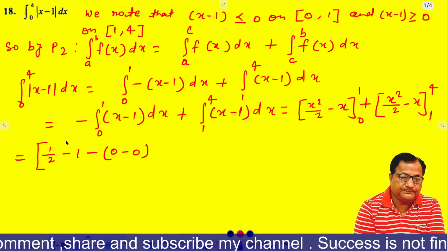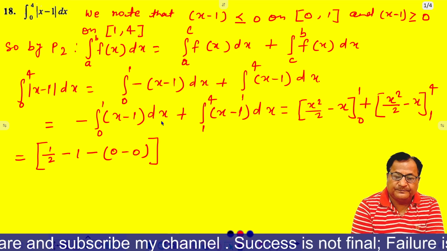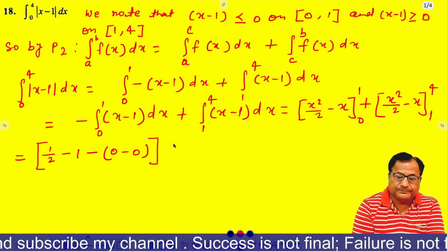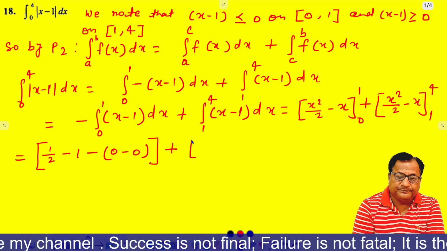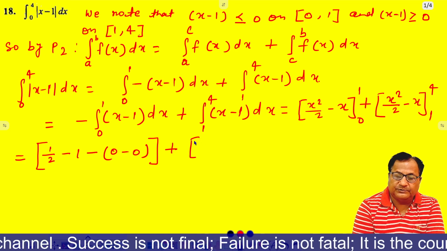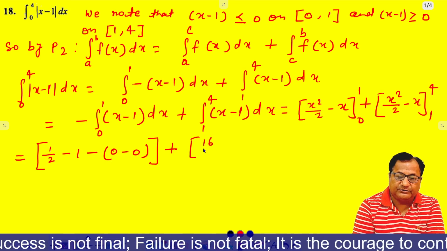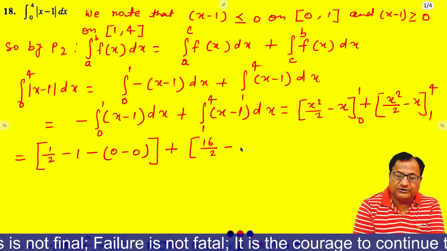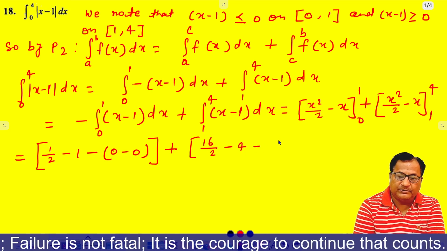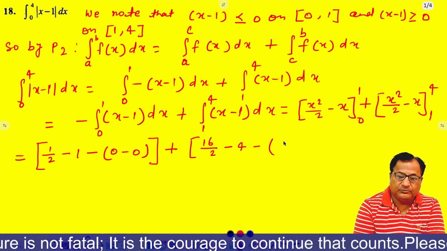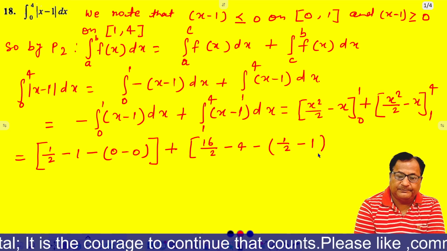This is plus, if we put the value 4, it means 16 by 2 minus 4, minus, now we'll put the value 1, so 1 by 2 minus 1.